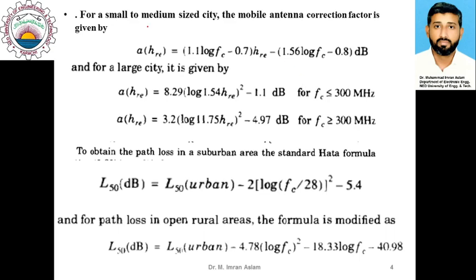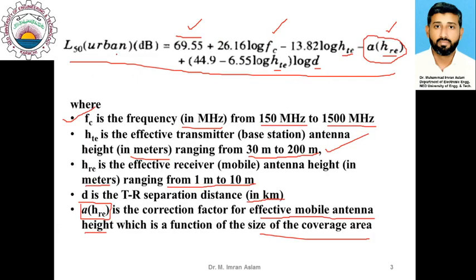It depends on the coverage area or type of city where your mobile is being used. So if you have a small or medium sized city, the mobile antenna correction factor is given by this formula. A(HRE) is actually 1.1 log FC minus 0.8, times HRE, minus 1.5 log FC minus 0.8, and this is in dB, decibels, and you must see that this previous relationship is also in decibels.